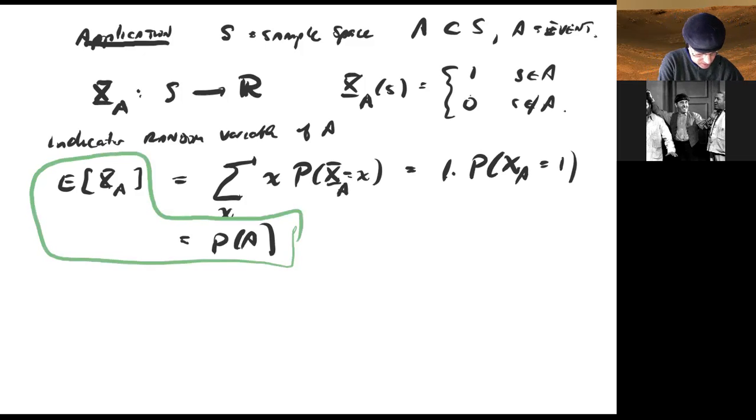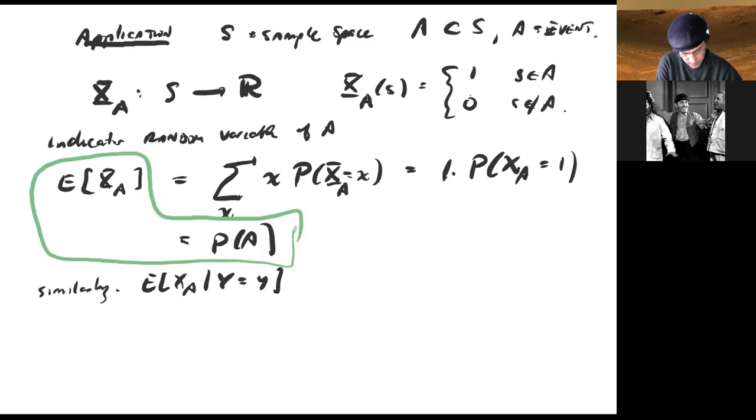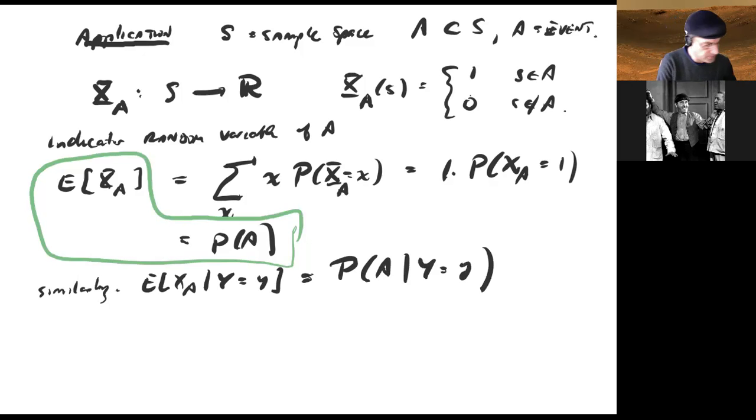It's a similar calculation, which I won't do. We get that the expected value of X sub A conditional on some random variable Y taking value y is the same as the probability of A conditional on this. It's the same sort of idea.